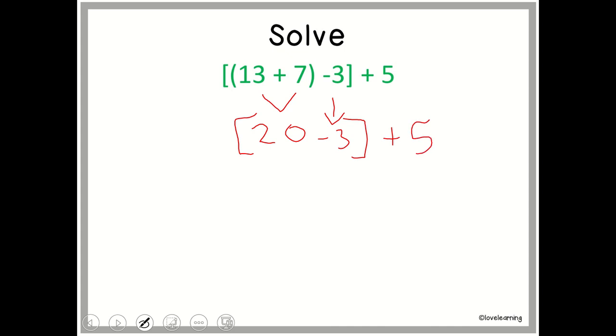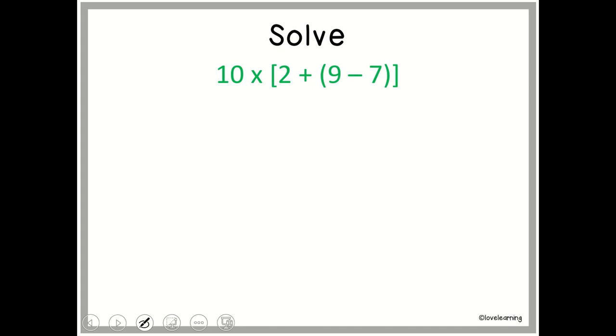Notice we still have brackets because we've not completed everything within our brackets. So now we have to solve that 20 minus 3, which is 17. Bring down your plus 5, and then you simply solve for 17 plus 5, which is 22. See, it's really not that difficult.